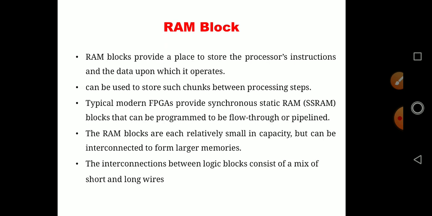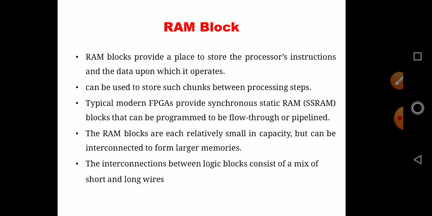This is the next part of the FPGA. RAM blocks in any embedded system usually help to store the processor instructions as well as the data upon which it operates. This is the basic function of any memory component in embedded systems. In many embedded systems, input is provided to the processor in the form of a stream of data, and usually chunks of data are processed at once.